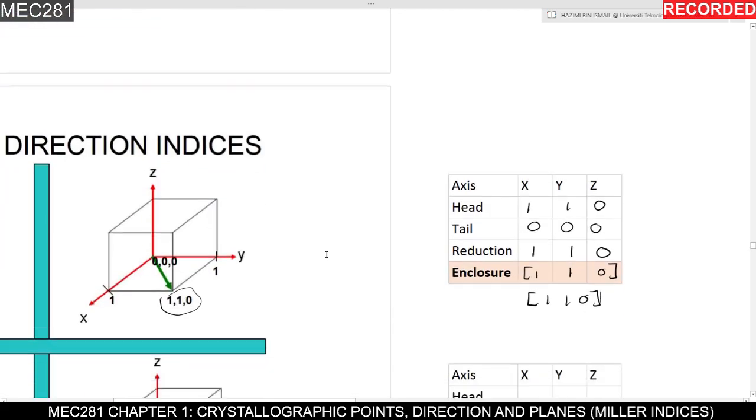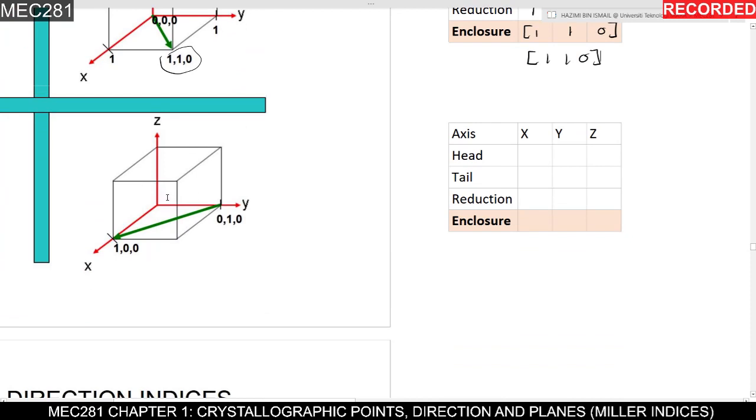Okay, let's try the second one here. Head here is 1 0 0. The tail here is 0 1 0. So reduction is the head minus tail. So 1 minus 0 is 1, 0 minus 1 is minus 1, 0 minus 0 is 0.